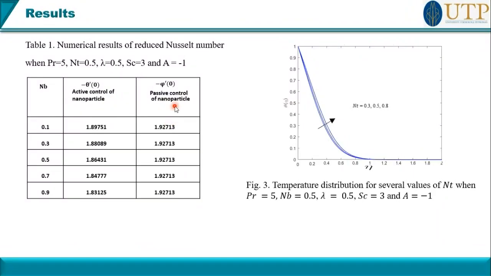This is passive control of nanoparticle, because of the implementation of the realistic boundary condition, which resulted in zero nanoparticle flux at the boundary.